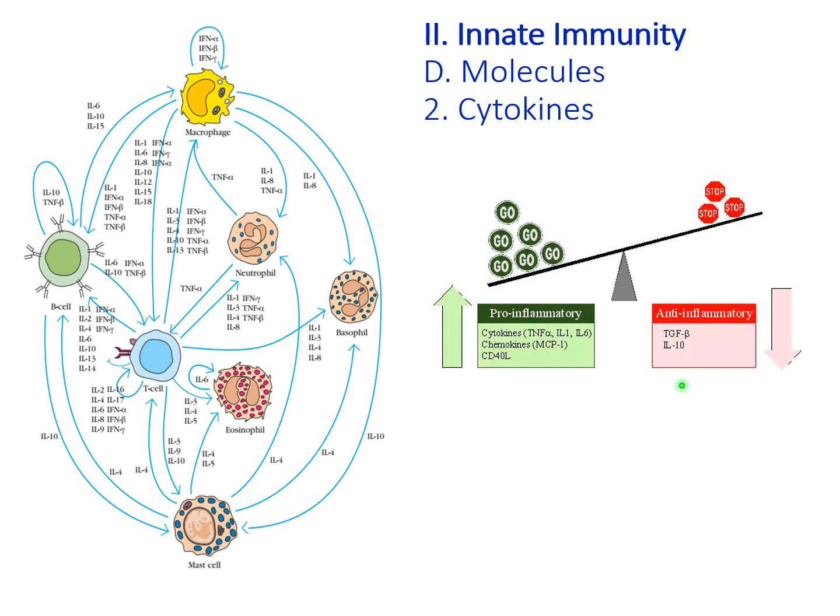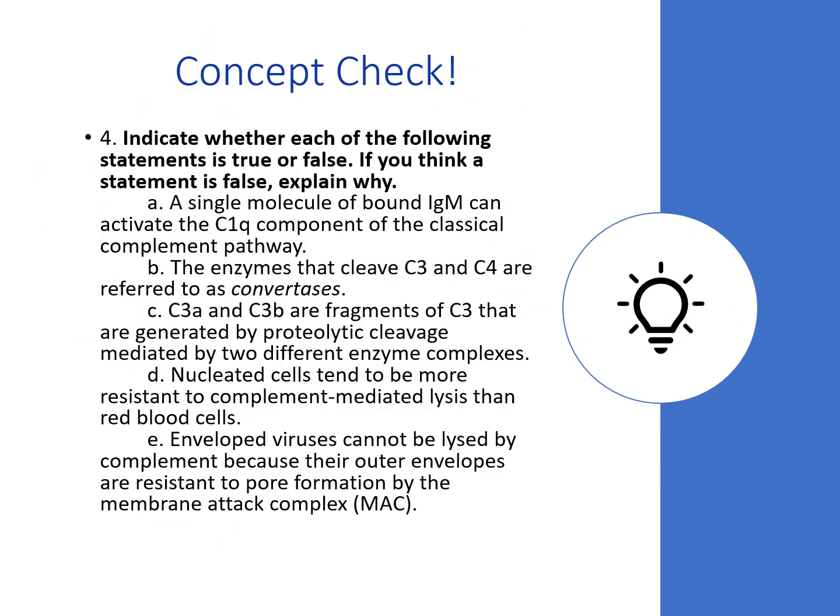Please remember these cytokines. Cytokine-related therapies offer promise for the treatment of certain viral infections, some immunodeficiencies, autoimmune diseases, some cancers, and transplant rejection. Here's another concept check slide to help you in your self-assessment.